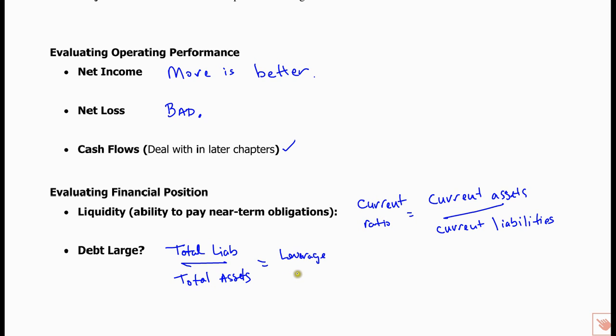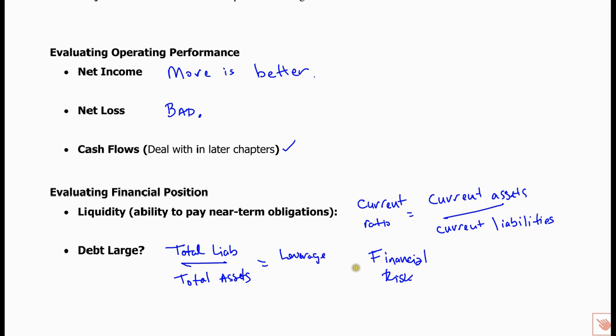Doesn't mean you can't lose money. It just means you can't have a debtor take you to bankruptcy court. So more liability, all else equal, makes you more financially risky. So this is financial risk. If you ran an all equity company, you'd have no financial risk. You could lose money, but you'd have no financial risk.